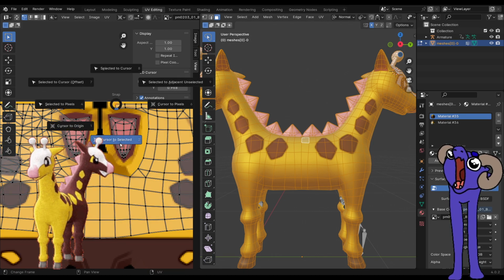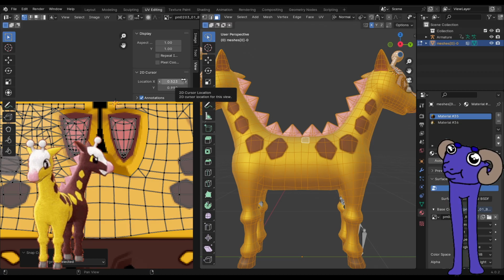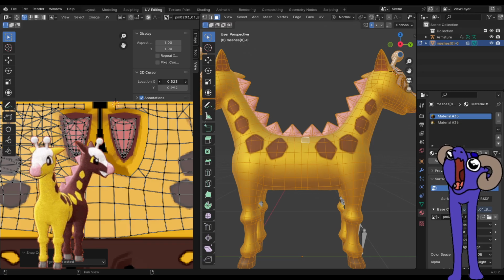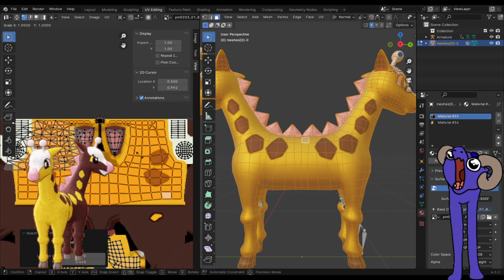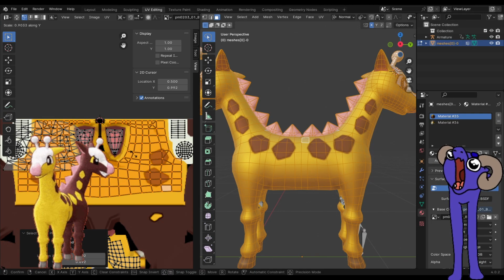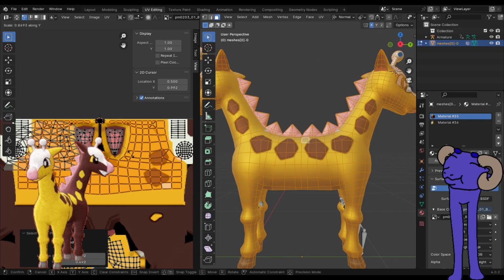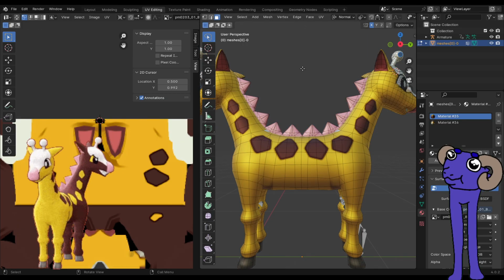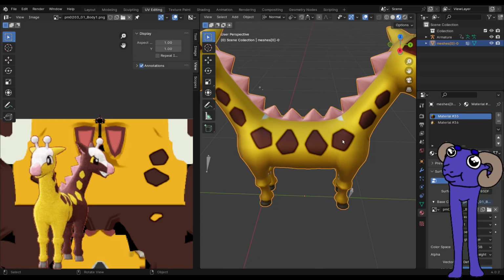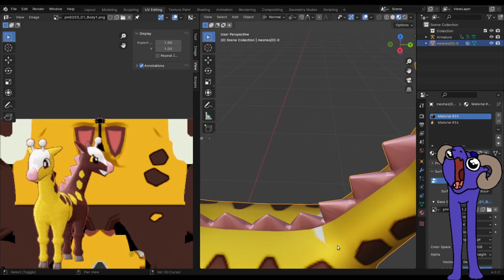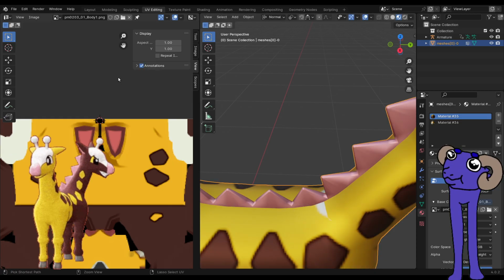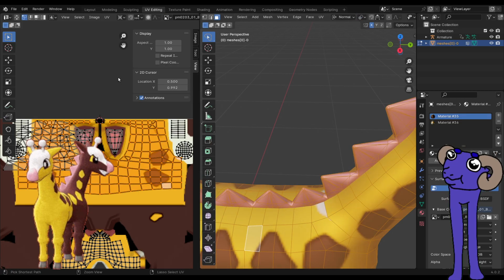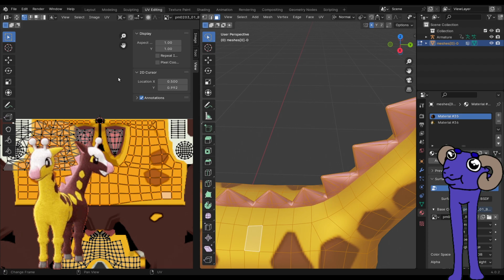Okay, so let's get cursor to selected and make the X exactly 0.5. Scale on the Y, just down a bit. Then we get the spots close to the middle. But what's happened here? Huh.